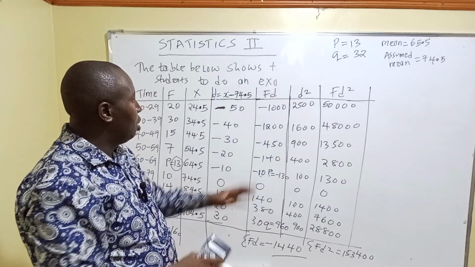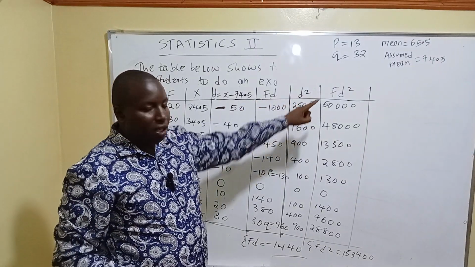How do you find the standard deviation? You require the column of FD and FD squared.